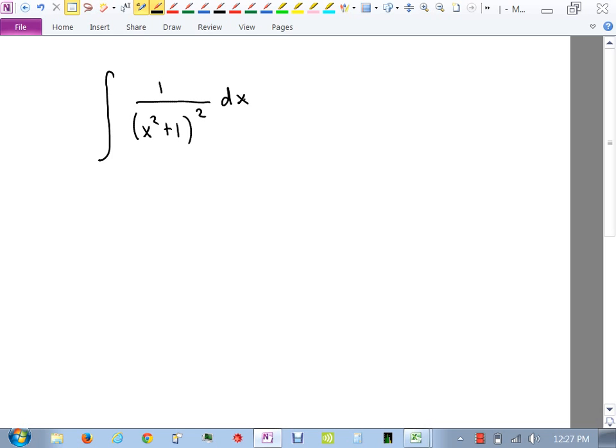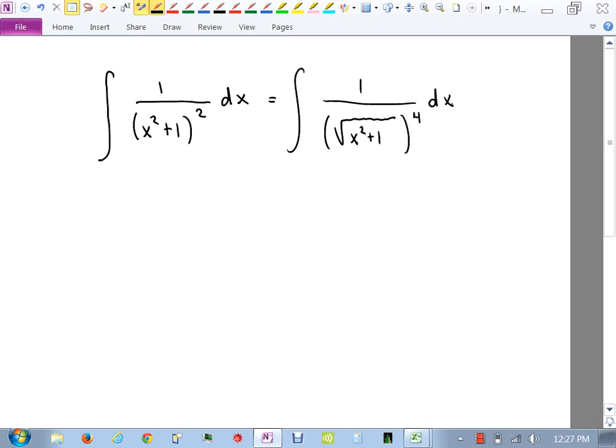It doesn't look like a trig substitution, but you could write it as square root of x squared plus 1 to the 4th power, right? Because if you take the square root and raise it to the 4th, it's the same as raising the whole thing to the 2nd.